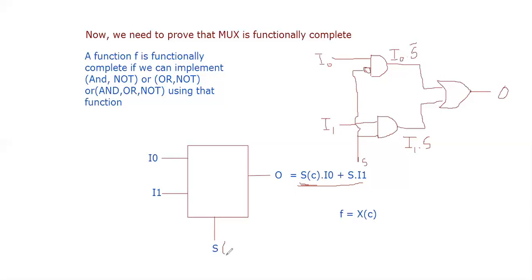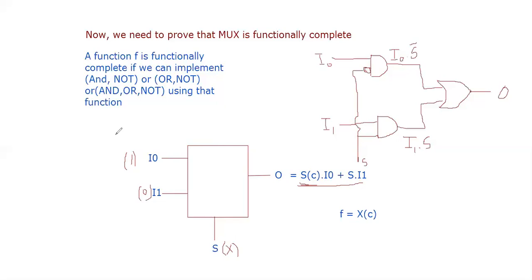Suppose this is my x. The output should be x complement. So in place of I0, if I pass 1, and in place of I1, if I pass 0, and x in place of S, then you can see that O is equal to x complement.